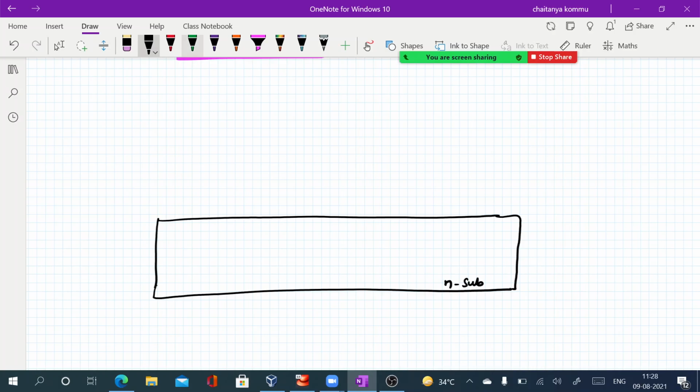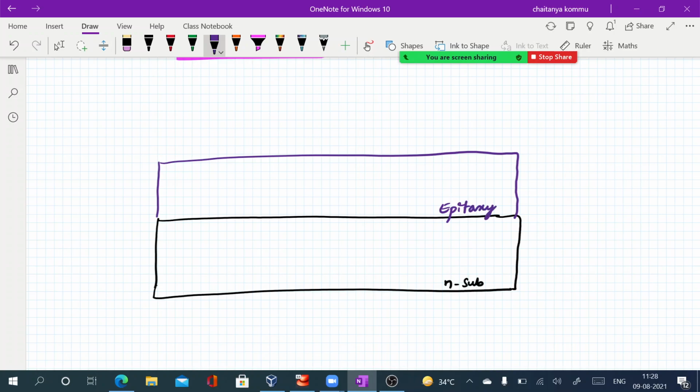Now I have to consider another layer of the same type of material on top of it. So this is called epitaxy, what we can call epitaxy layer formation.